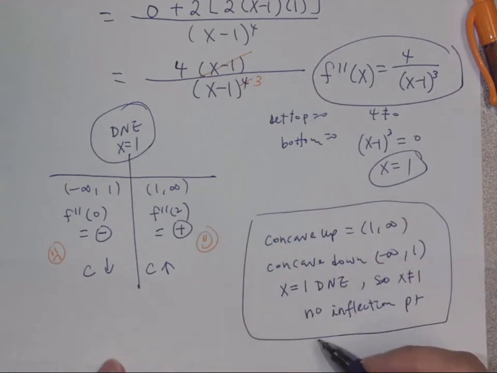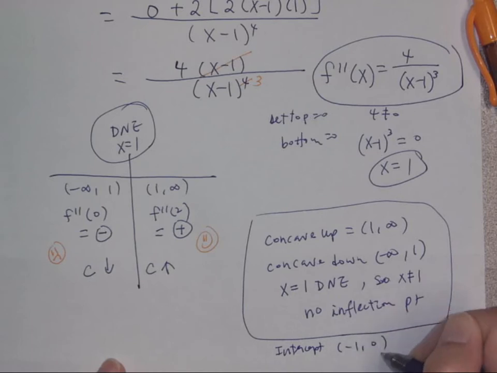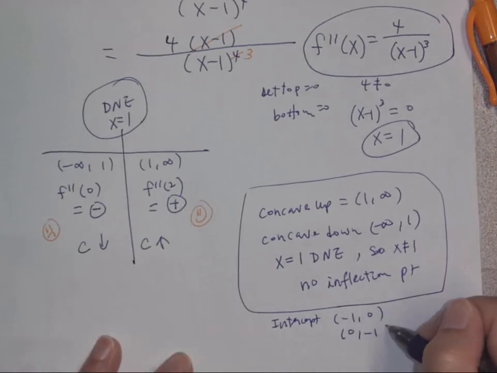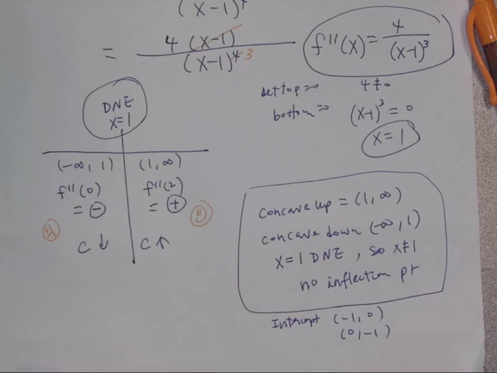And earlier, we already found the intercepts are negative 1, 0 and 0, negative 1. Is that what we found?